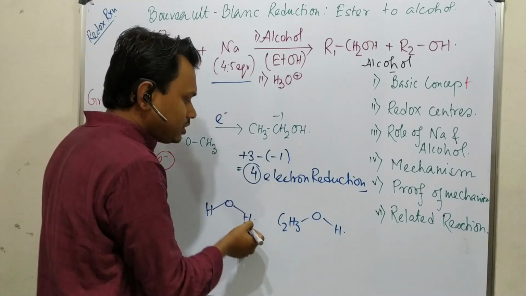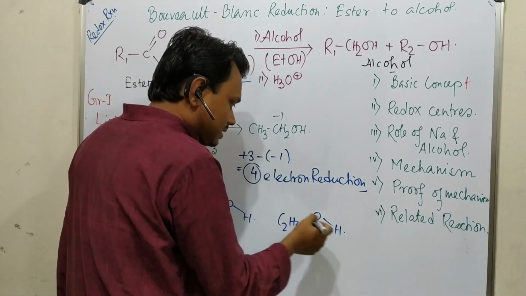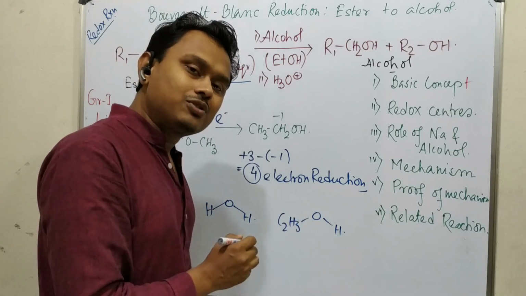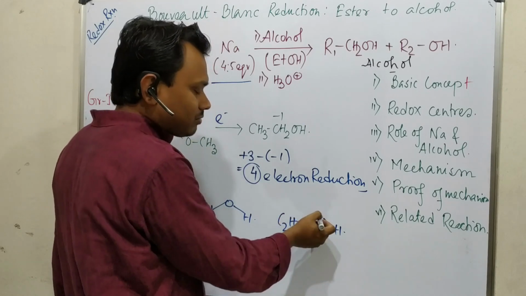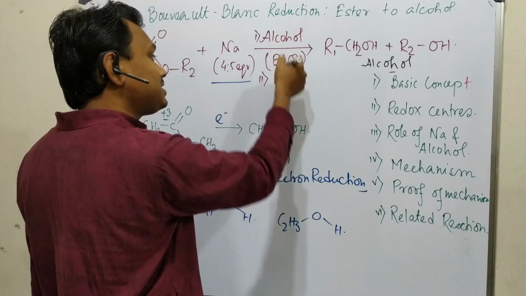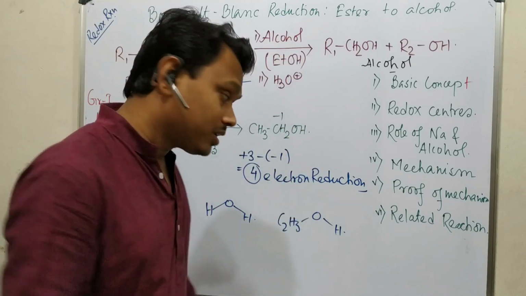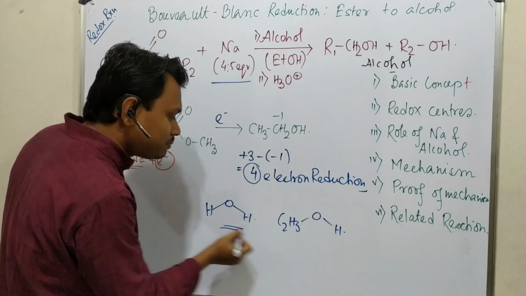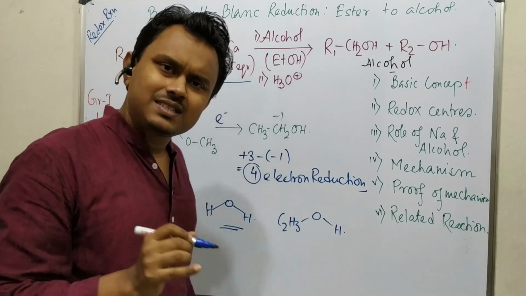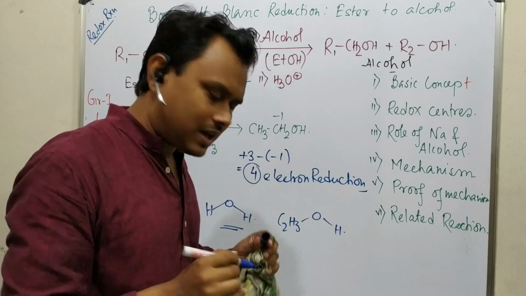The OH bond is more polar because the electronegativity difference between oxygen and hydrogen is greater than between carbon and oxygen, so that bond is a little less polar and less reactive. Another thing is stabilization of the final cation, and water is better than alcohol there. So the reactivity of sodium with water is higher, and a slight excess is needed. I'll provide some references so you'll have an idea.